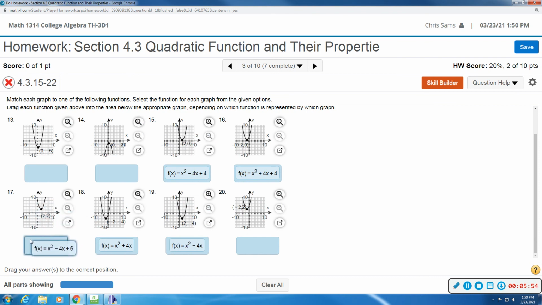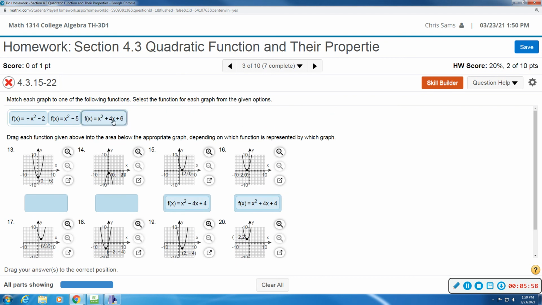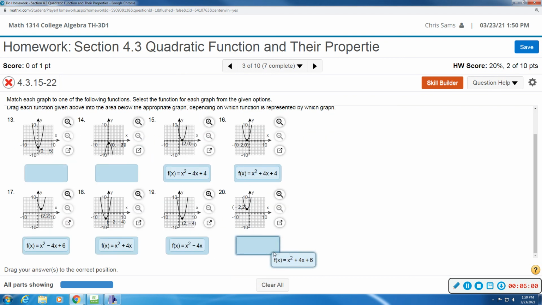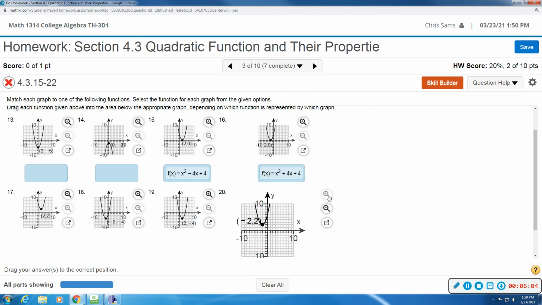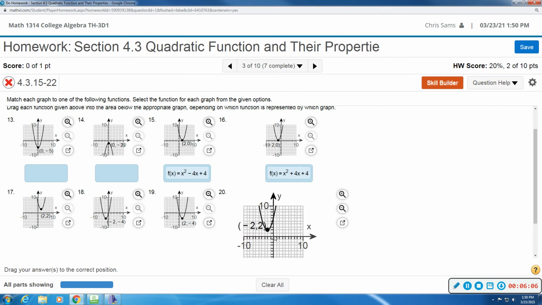So that would be graph 17. Number 20 is shifting to the left. And so we would go there, here. And again, if you zoom in, you get a better picture and you can count those tick marks: 1, 2, 3, 4, 5. It's close, but here at 6 is when it's actually crossing.